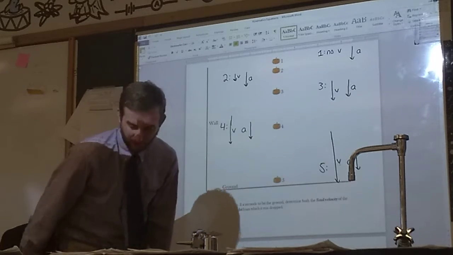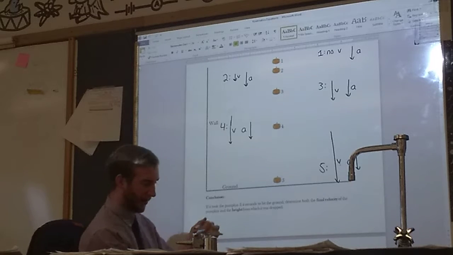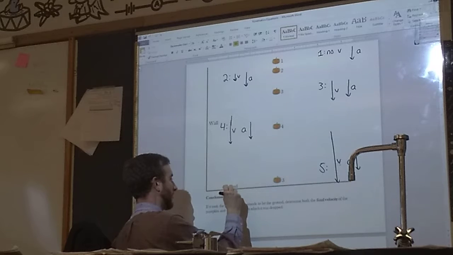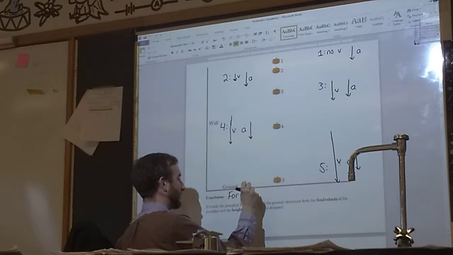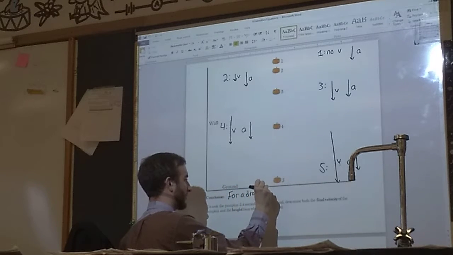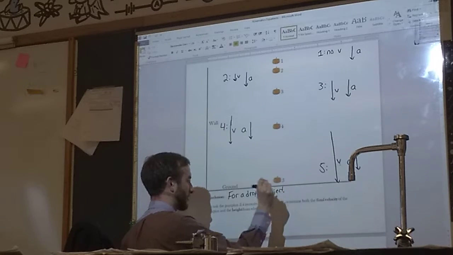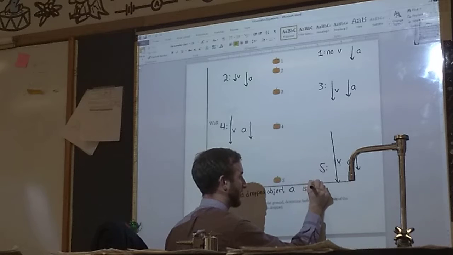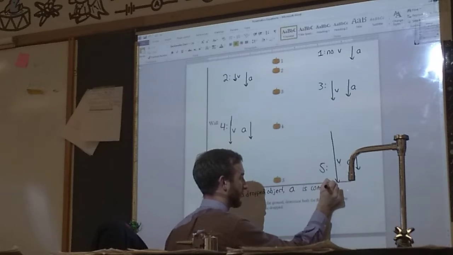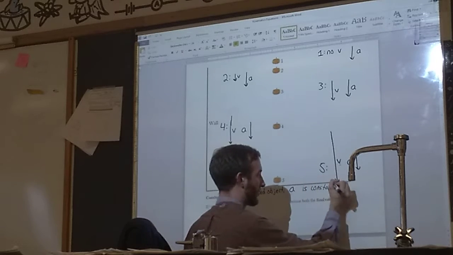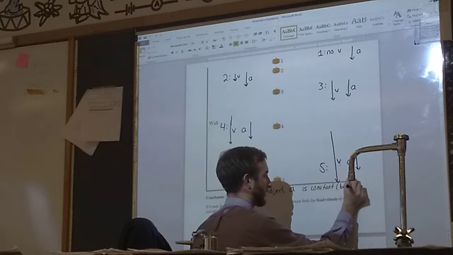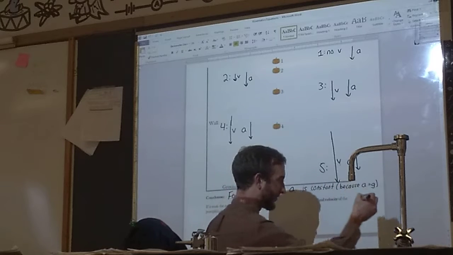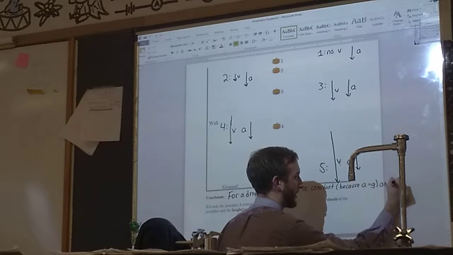So, as far as a conclusion goes, here is what we could say. For a dropped object, a, the acceleration, is constant because a is equal to g, and it points down.